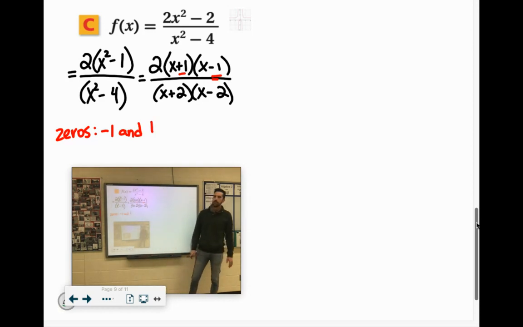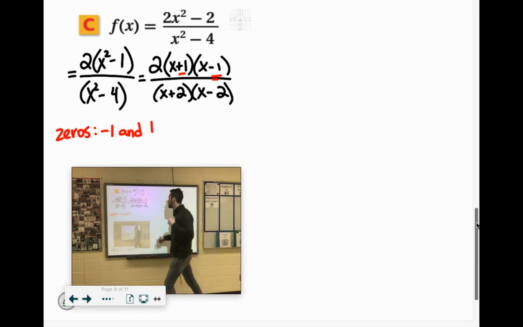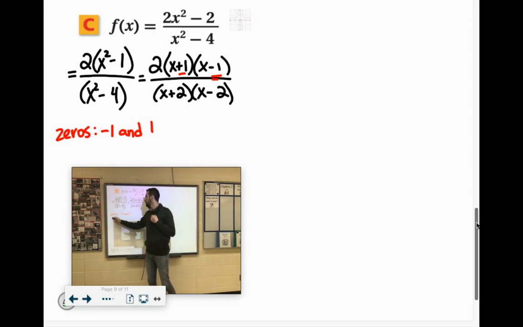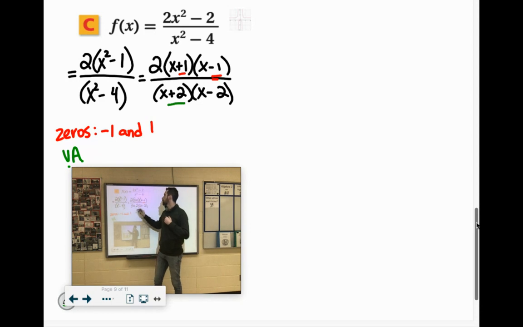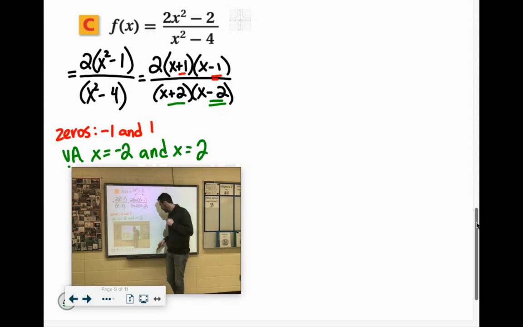All right, now as far as the vertical asymptotes, that deals with the denominator. So vertical asymptotes, we have x plus 2, so we'd have a vertical asymptote at x equals negative 2. And it says x minus 2, so we would also have a vertical asymptote at positive 2.